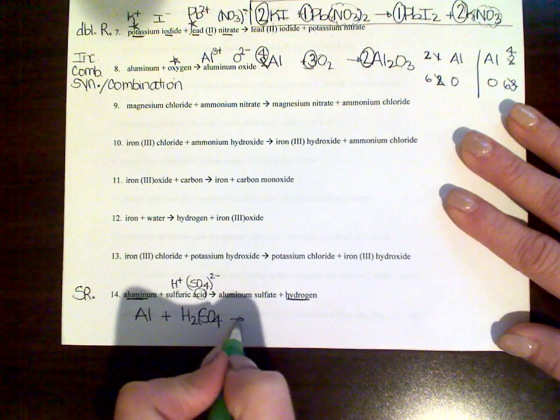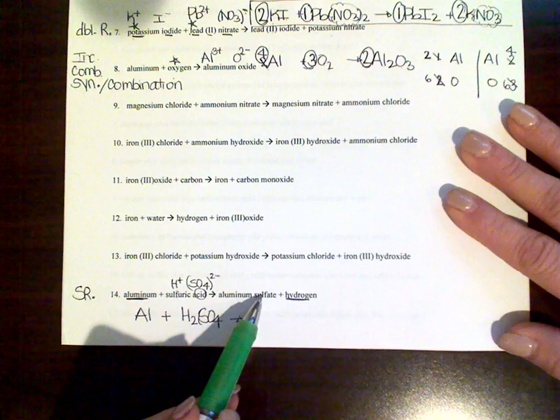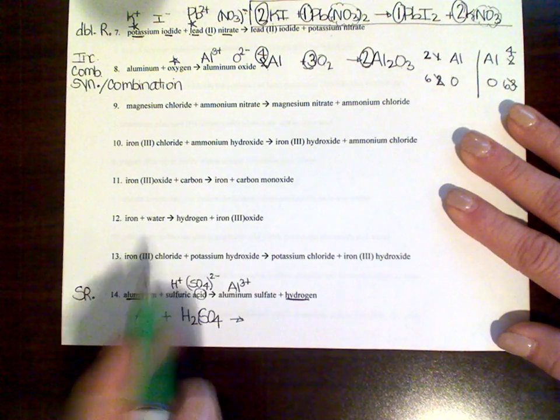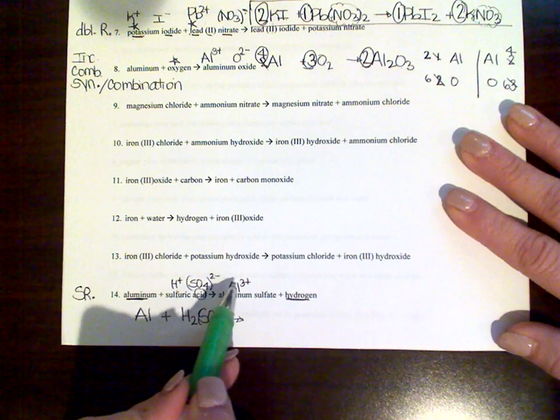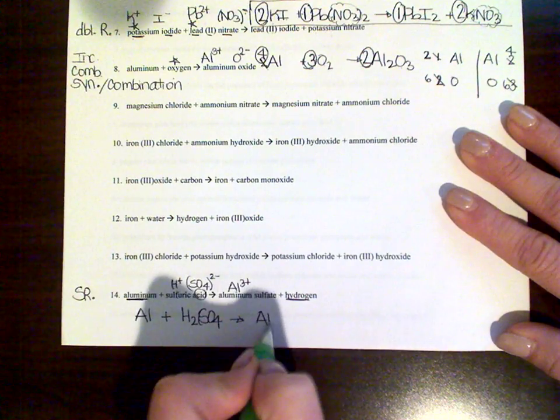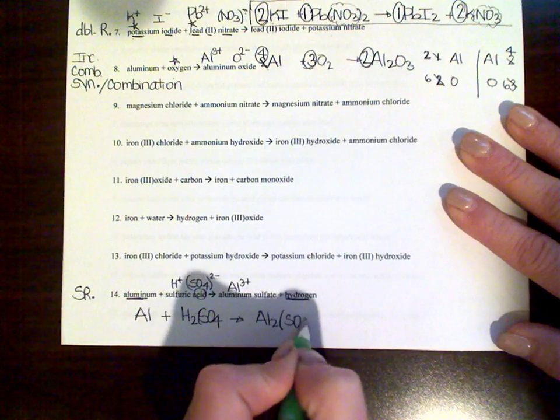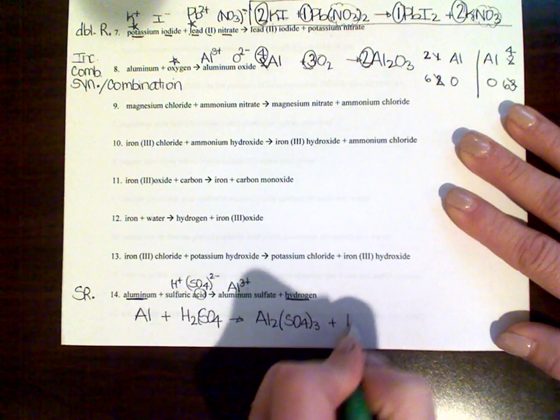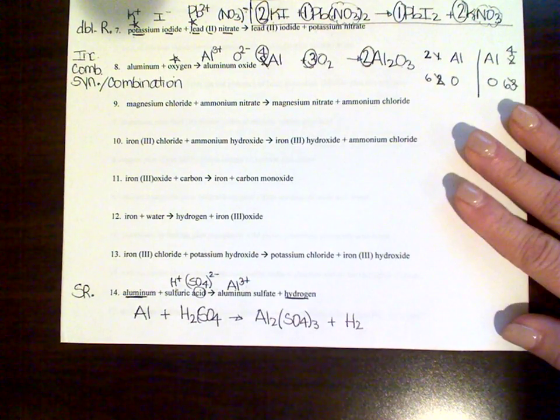Then I'm going to produce, now aluminum is going to get with the sulfate. So remember, aluminum is 3+, sulfate is 2-. So my aluminum should get a 2, Al2. My sulfate, SO4, is going to get a 3. And then what's kicked to the curb is hydrogen. Don't forget it's diatomic.